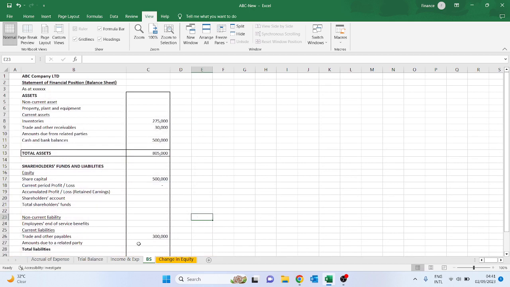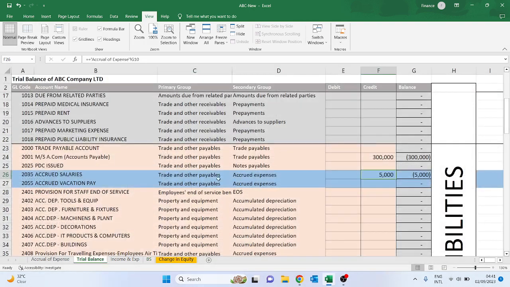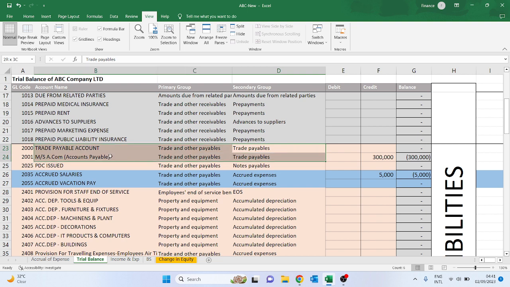It is trade and other payables, that is a primary group, because this is accrued. It is same like accounts payable, but there is a slight difference because we did not receive the invoices for the accrued expenses. But for accounts payables, trade payables, there should be an invoice while booking.